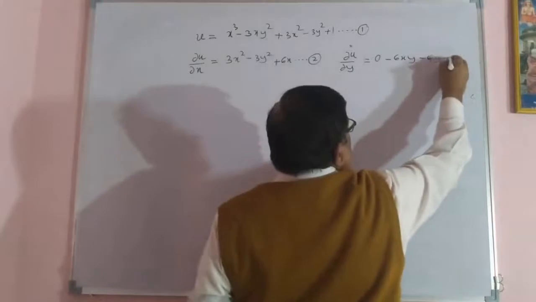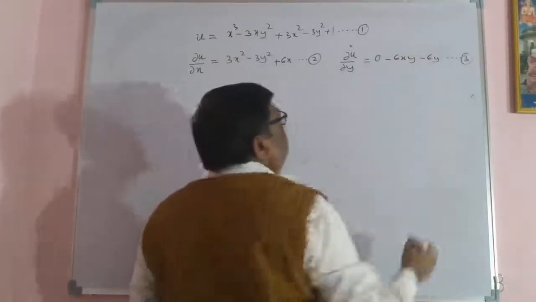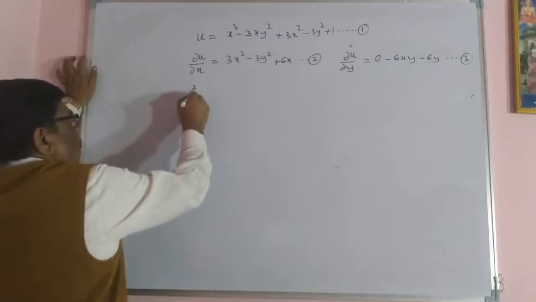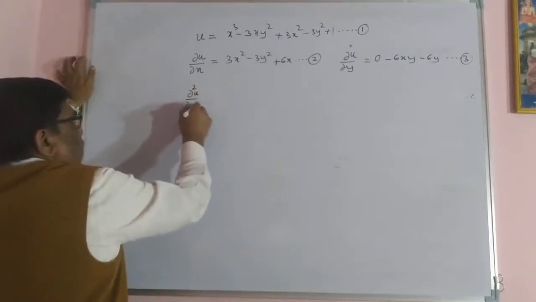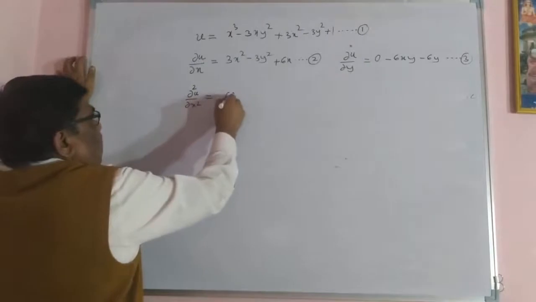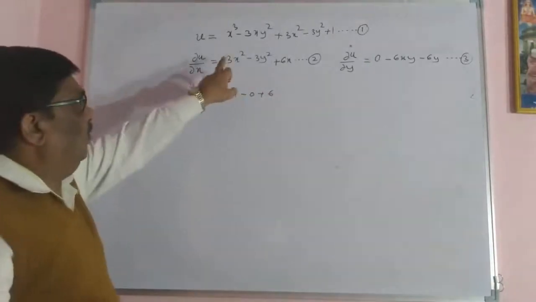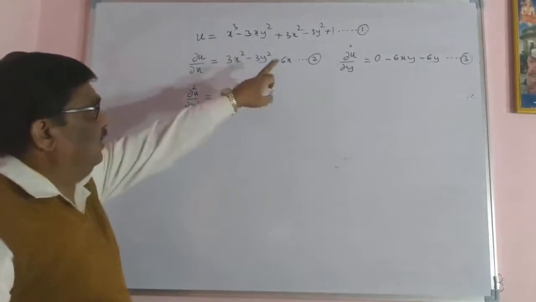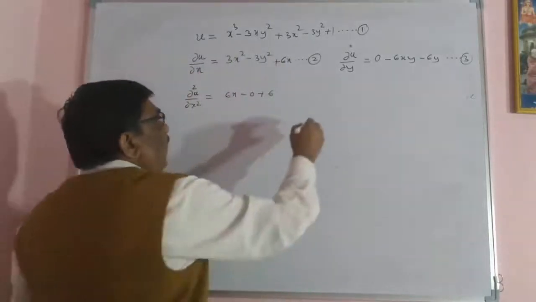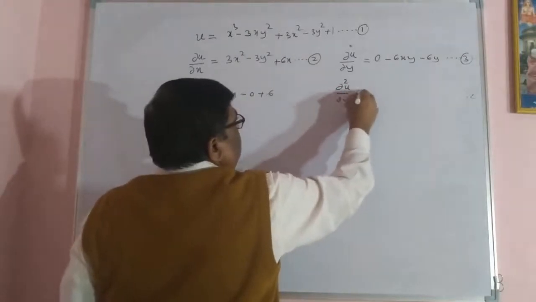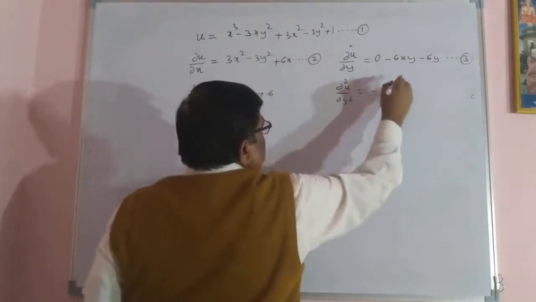Call it equation number 3. Again differentiate partially with respect to x: dou square u by dou x square is 6x minus 0 plus 6, and the second order derivative dou square u by dou y square is minus 6x, minus 6.